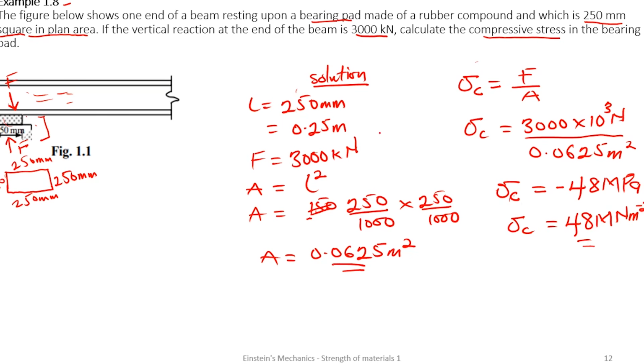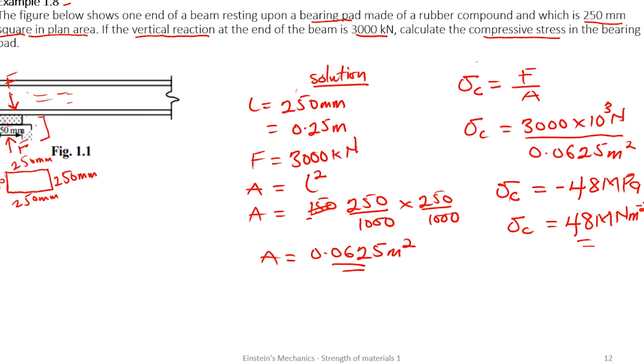So that's it. You have to check the length, and it was a square in area. So we know that square in area is length times length. We know the force, the vertical reaction.